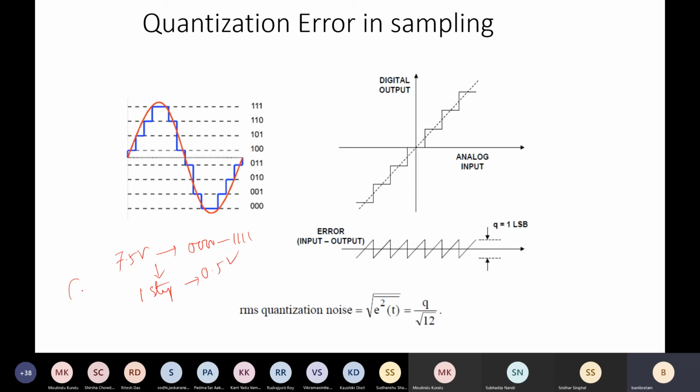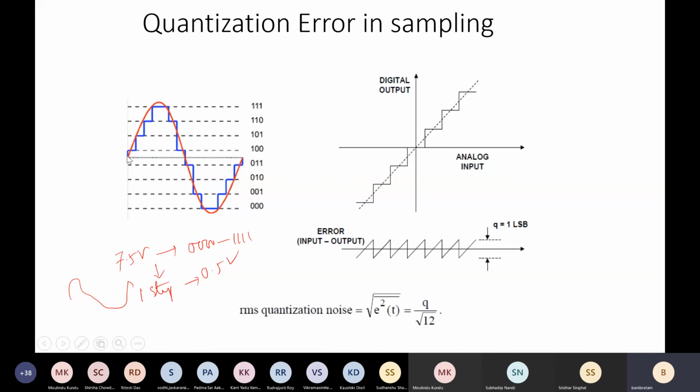So if you have some data between 0 and 0.5, you have to approximate it as either 0 volt or 0.5 volt. In that way the error comes, and that error is called the quantization error.